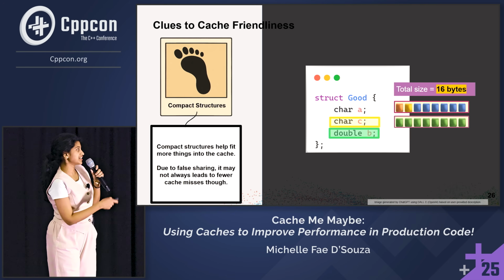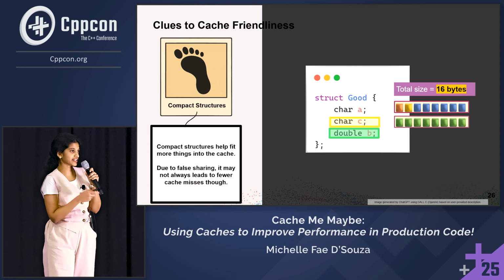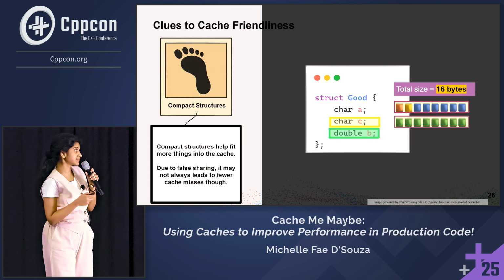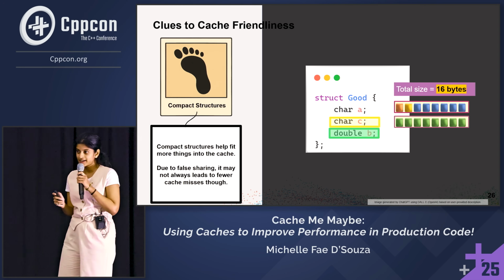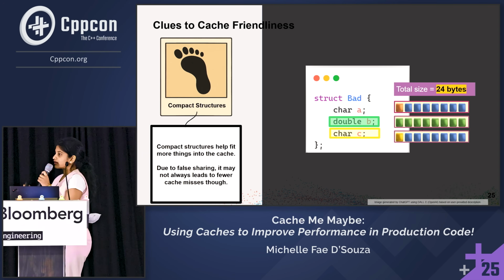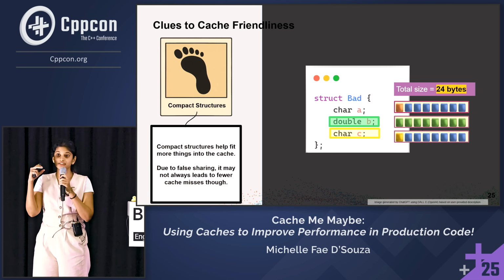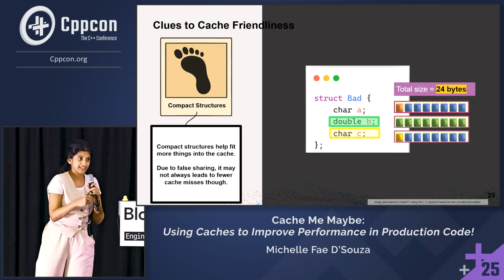What we can do is actually also swap around the ordering of the double B and character C. This makes our struct smaller. And the reason for this is essentially the order in which you declare variables in your struct is what defines the order in which they are placed in memory.